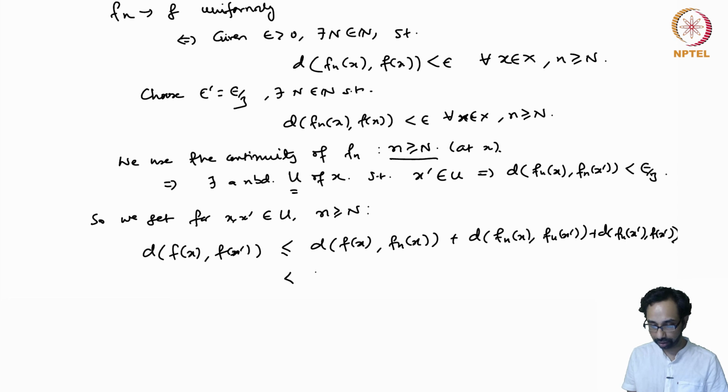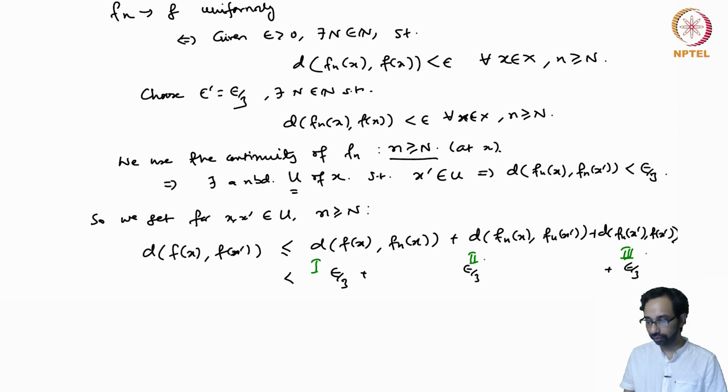And remember that the first one was less than epsilon by 3, and the third was less than epsilon by 3, and the second one was also less than epsilon by 3. These were the terms 1 and 3, and this was the term 2 above.